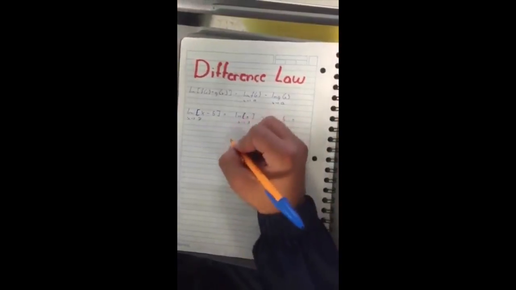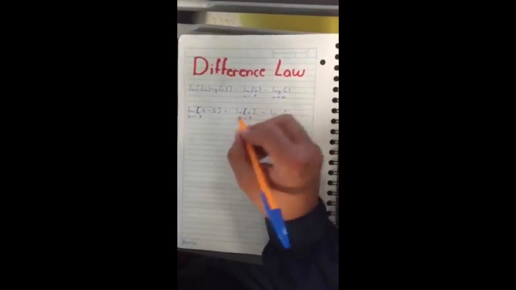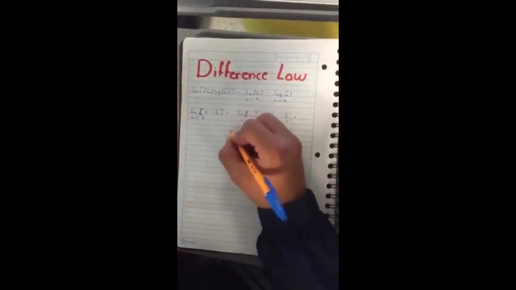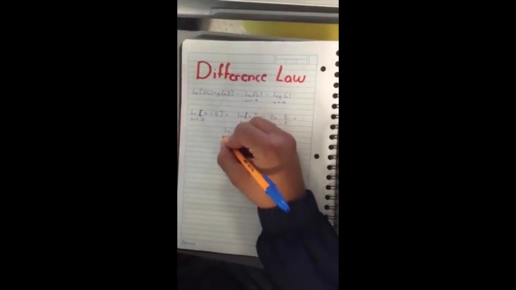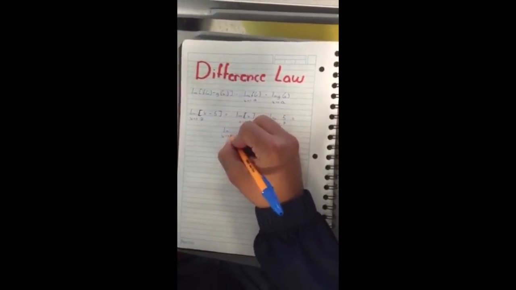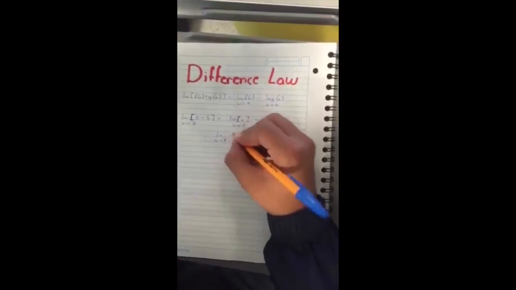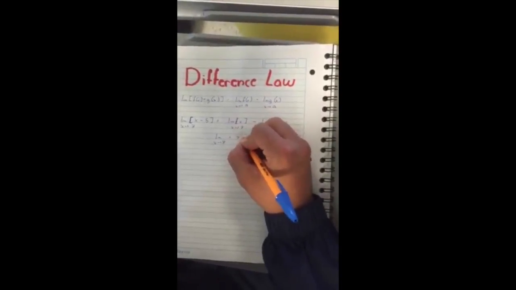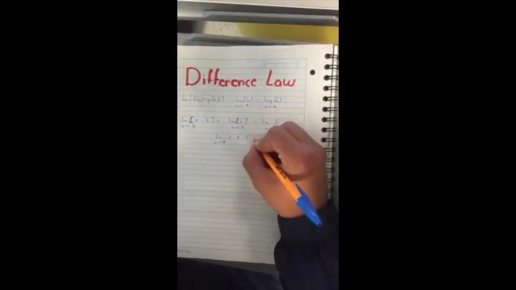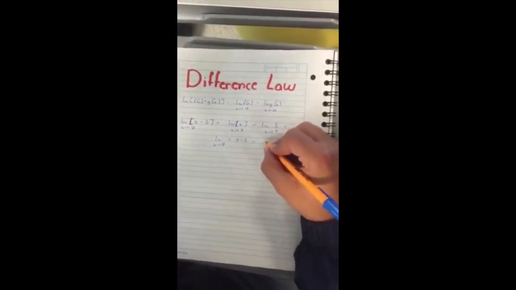In this case, we only have to subtract and substitute the 7 in the x. So we have 7 minus 5, which is equal to 2.